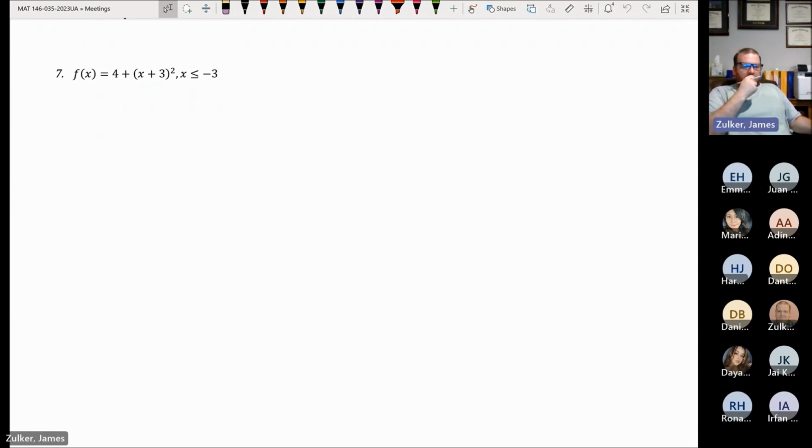f of x is 4 plus the quantity x plus 3 squared, given that x is less than or equal to -3.